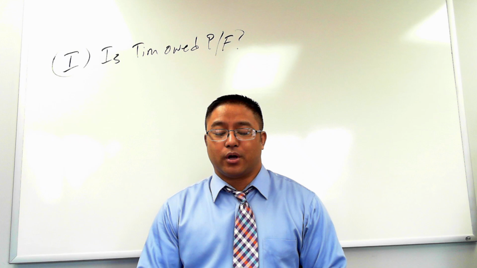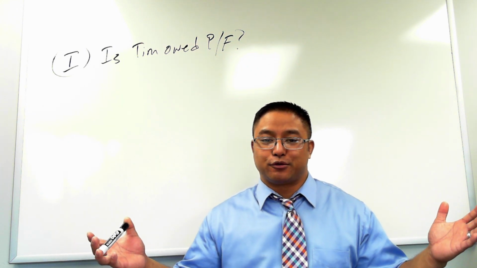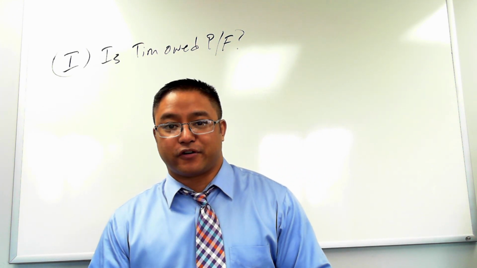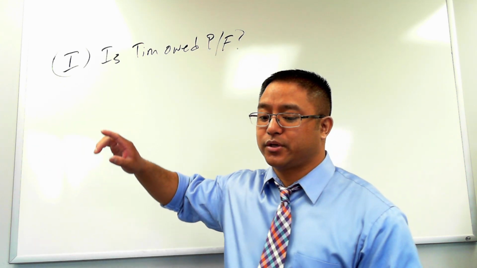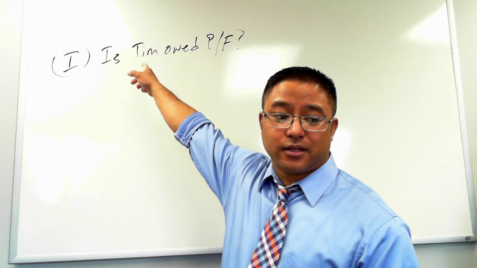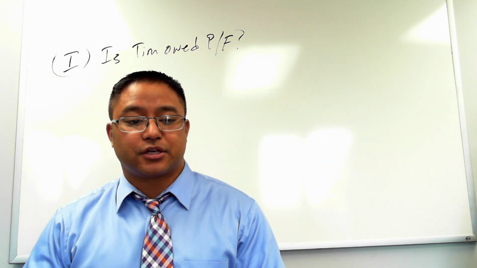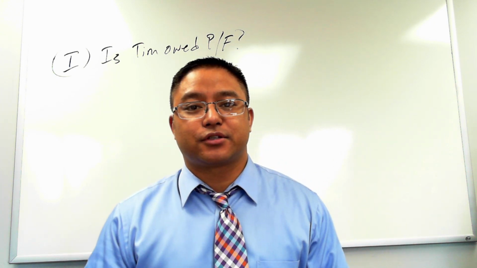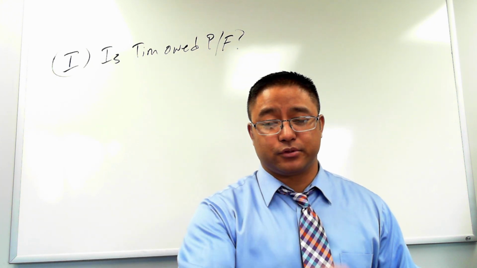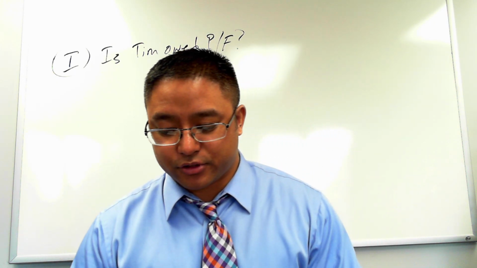Okay? Well, generally speaking, some level of procedural fairness is owed. We're going to get into how much in a second here, but the first question that we have to ask is this. Is procedural fairness even owed? Okay? Now, in other words, do we have to treat this person fairly? The person who's in front of the tribunal. Do we care about this person?